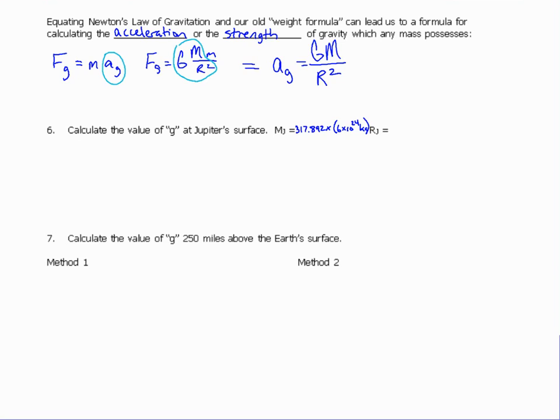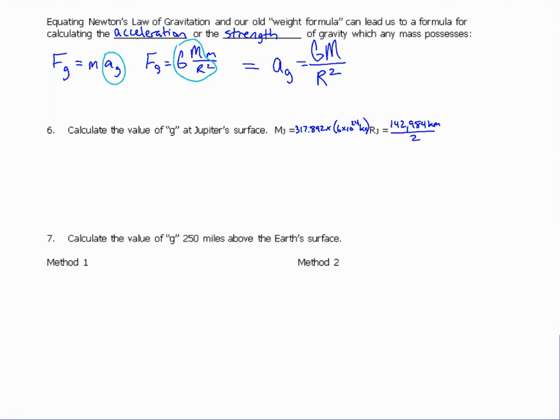The radius of Jupiter. So if you look at the sheet, it has the equatorial diameter, so that's the diameter at its largest, 142,984 kilometers. That's diameter, and we need radius.